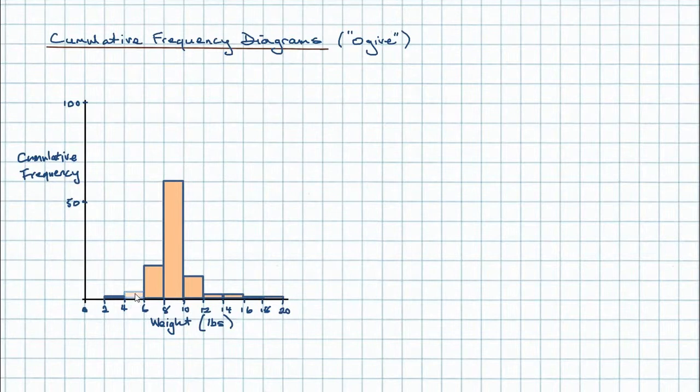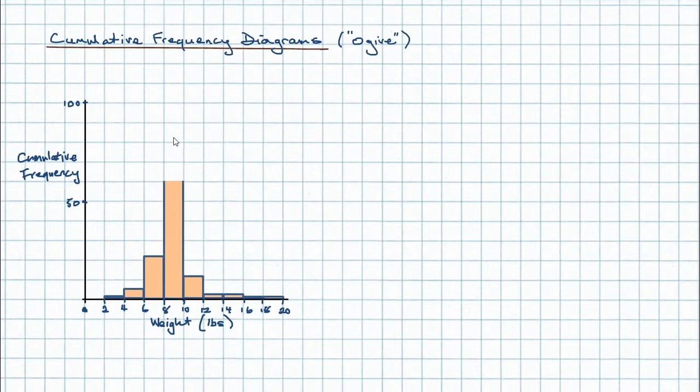So let's go ahead and do that. So bring it up to 5. There we go. We've got to do the same again to the 6 to 8 category. So add the 5 to the 18 here, bringing it up to 23. And then we add the 23 that we've got here to the, well, what is it, 60 here, giving us 83.